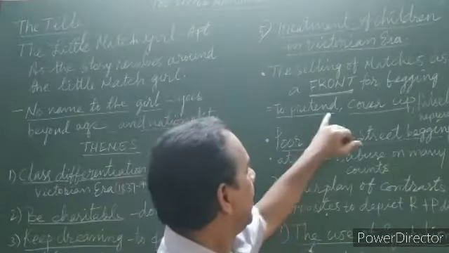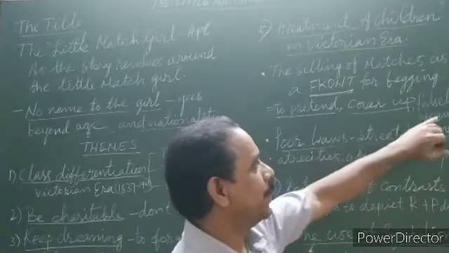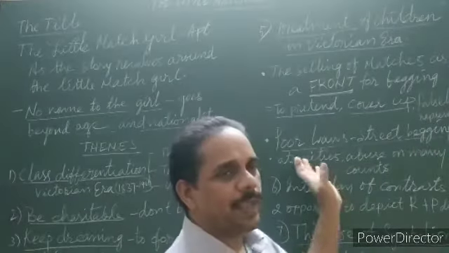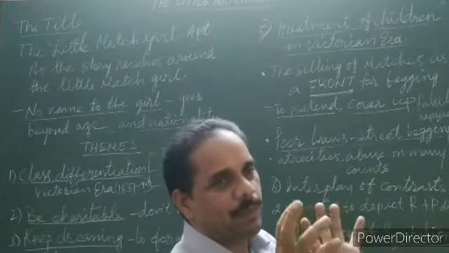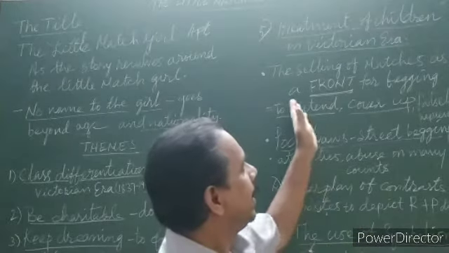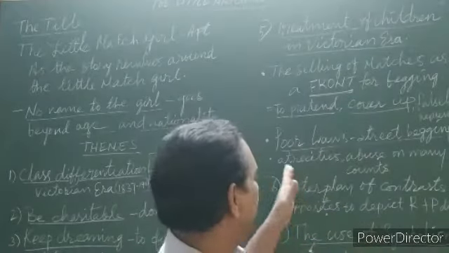The meaning of as a frond is to pretend, to cover up, or to falsely represent. So giving a cover up, giving a good name and doing something else. That is what as a frond for begging means.